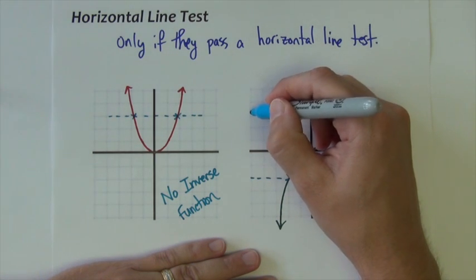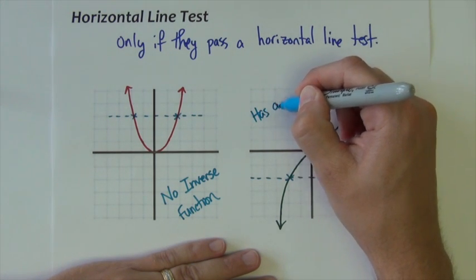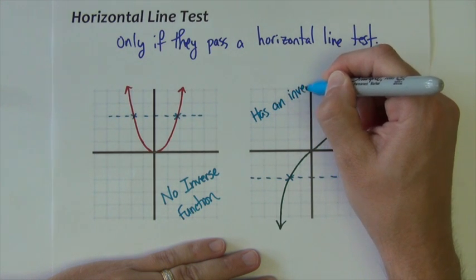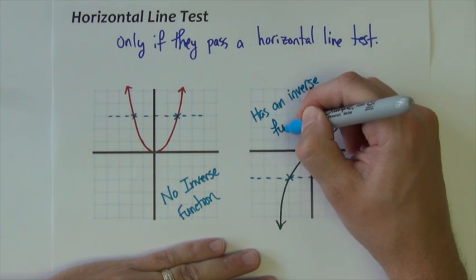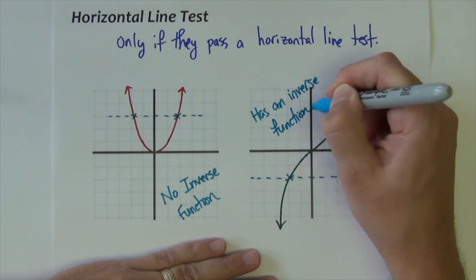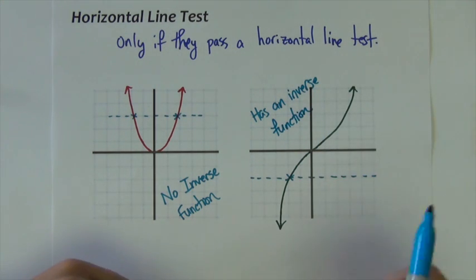This graph has an inverse function. Okay. It's just kind of a nice visual test to know if you're looking at something that would have an inverse or something that doesn't have an inverse.